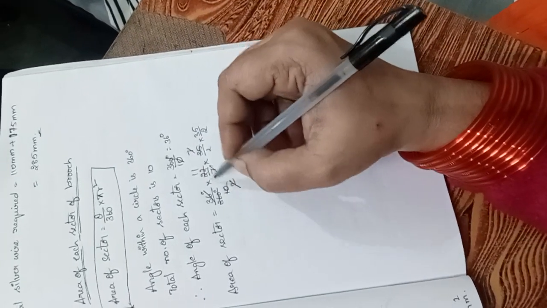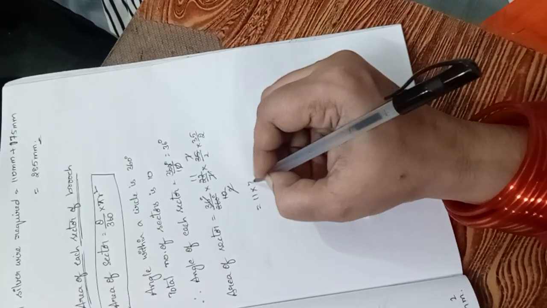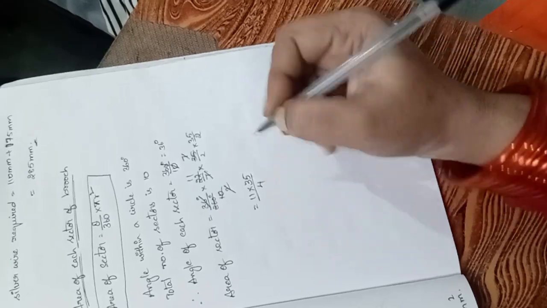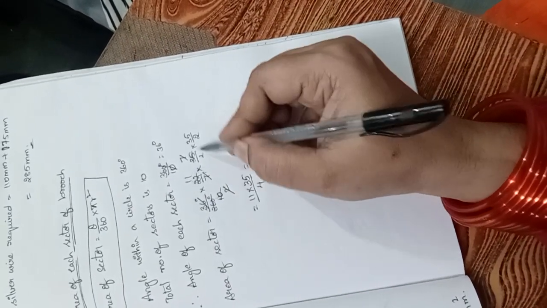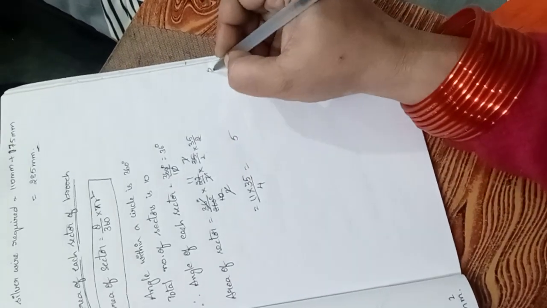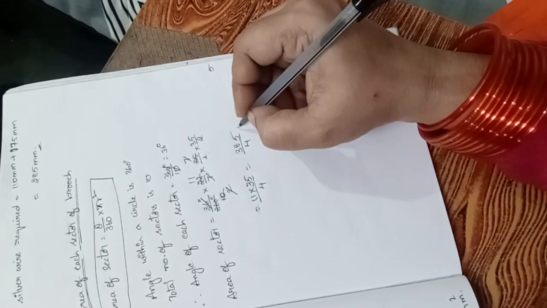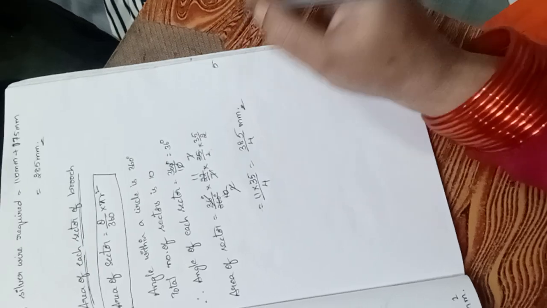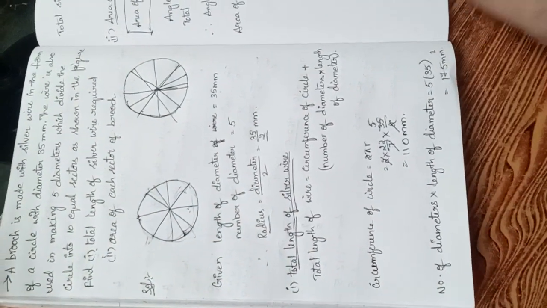What is left? We are left with only 11 into 35 by 4, right? So 11 into 35 is 385 by 4 millimeter squared. Understood how to do it? If you have any doubts, specify that in the comment section.